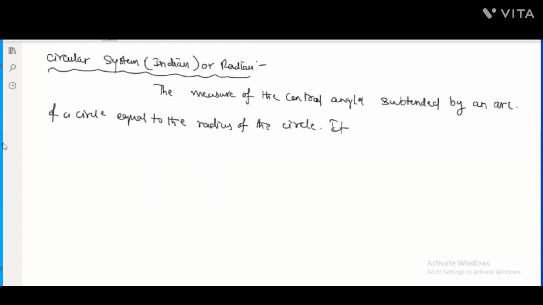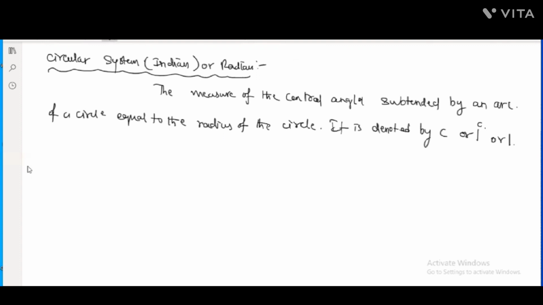It is denoted by 1 power C, or simply, if nothing is mentioned, the angle is in radians.